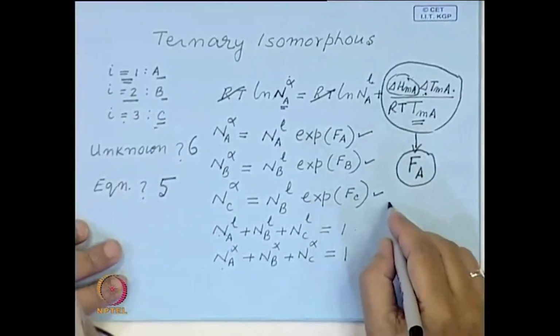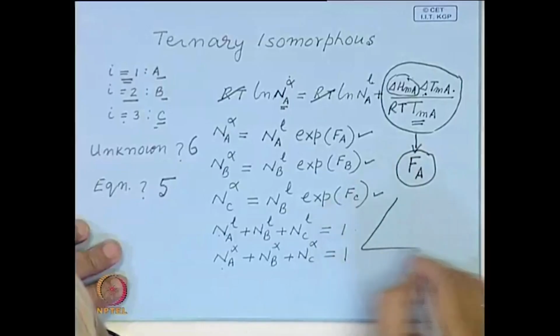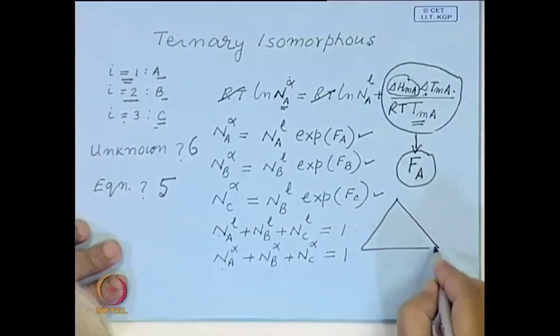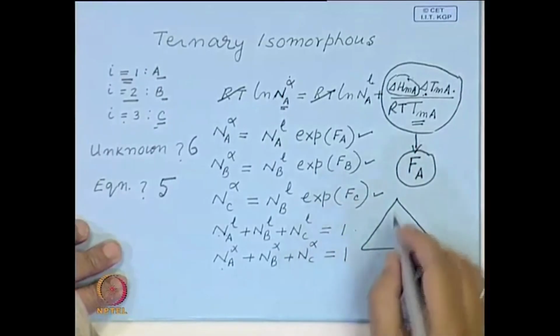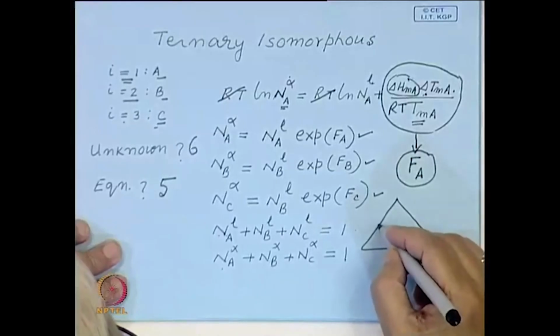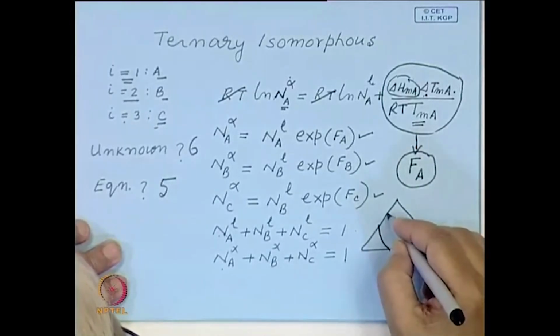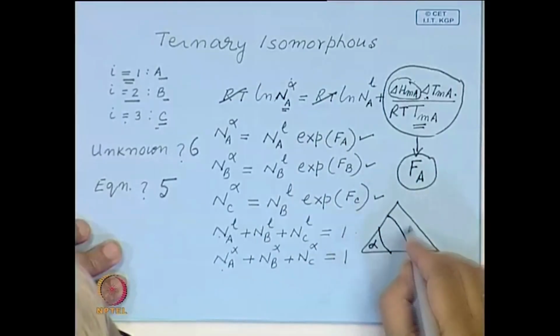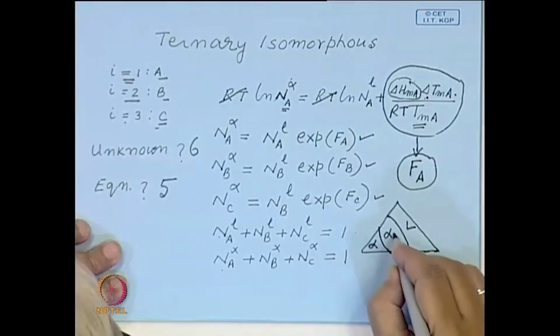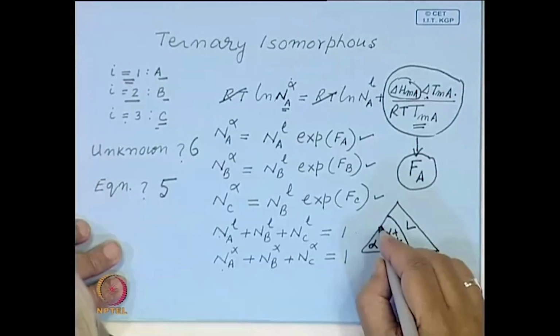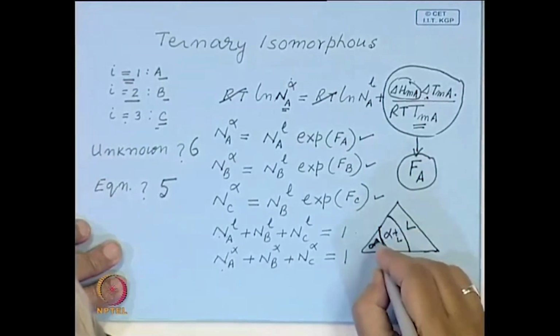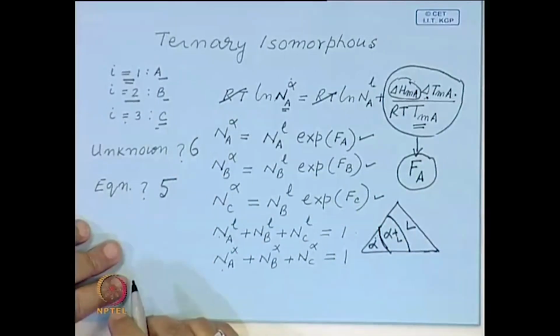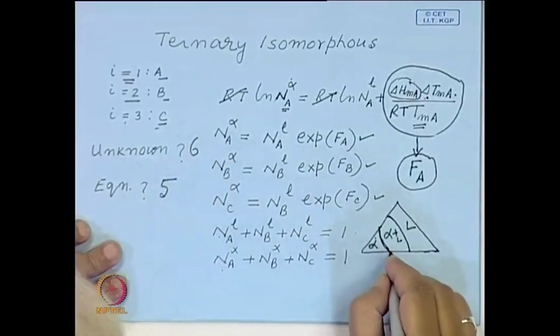So that is why, if you look at this composition triangle at a particular temperature, suppose this side is alpha, this side is liquid, and this is alpha plus liquid. You want to find out at a particular composition which phase is more stable. How can you do it?